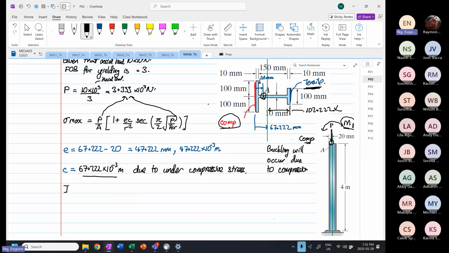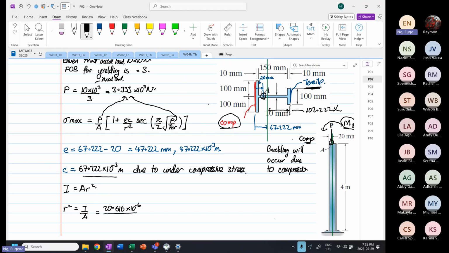So I will be equal to AR squared, and R squared is equal to I over A. Our I, we have calculated it to be 20.616 times 10 to the power minus 6.